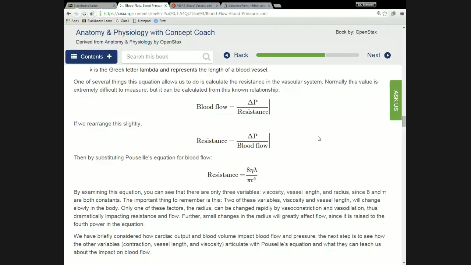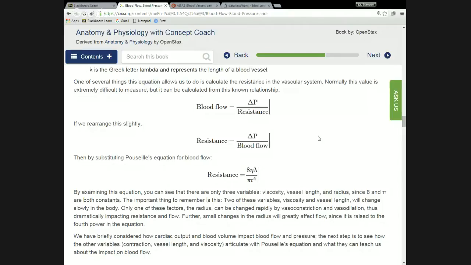these numbers are going to be very rough, but the difference between blood flow through a 2 centimeter diameter blood vessel versus a 1 centimeter diameter blood vessel is actually like 16 units of blood flow less.